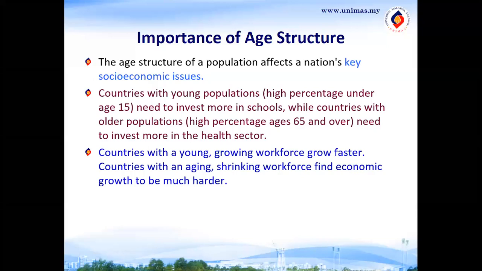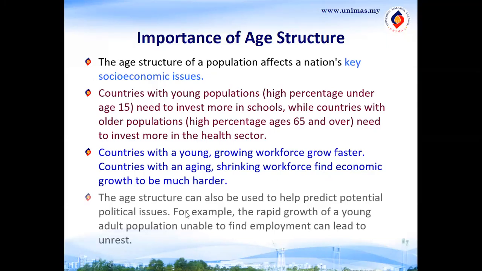So they re-engage them, menggalakkan mereka untuk continue working, mungkin dalam tempat yang sama ataupun dalam bidang yang berlainan, right? Because they have the problem of a shrinking workforce, number of working people decreasing, sedangkan dependency itu meningkat, particularly in old age.